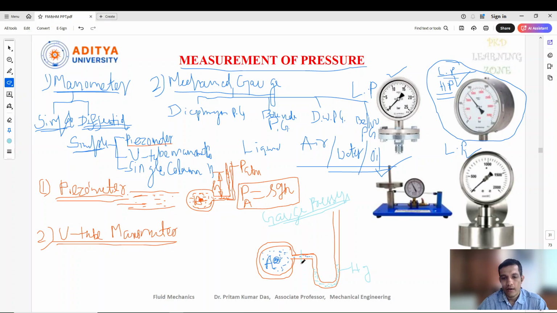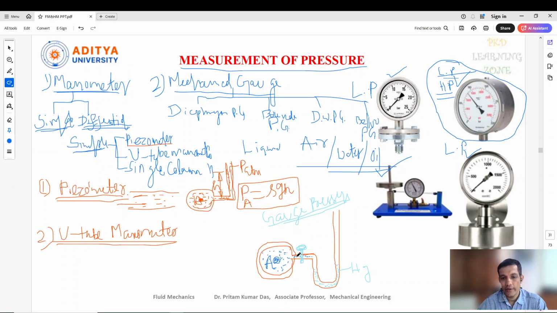You can keep a valve here which will be easy to operate. If you want to measure the pressure of the flow at this point, let's open this valve. When you open the valve, you can see the liquid start flowing here.